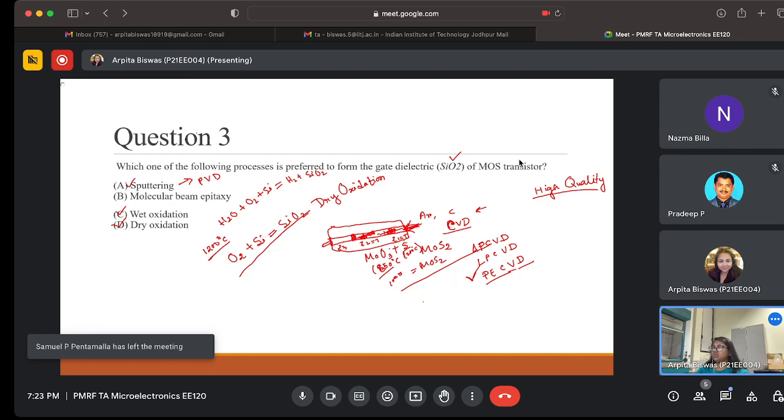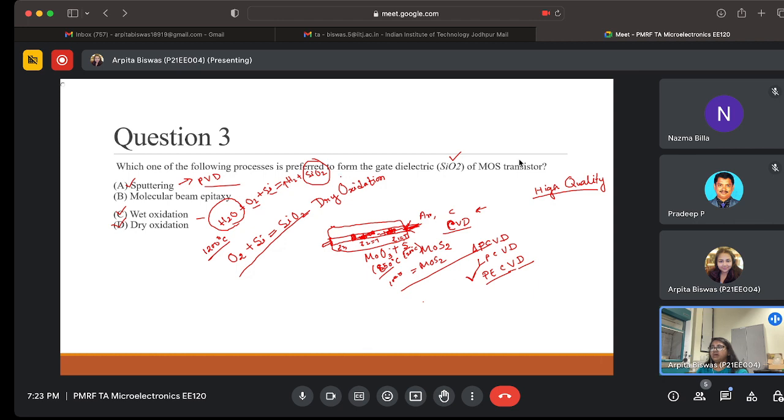Okay. So what happens for the sputtering and what happens for the wet oxidation process? When we use the wet oxidation process, we use H2O and O2 with silicon. Then it produces hydrogen and also the oxide. What happens in this case?